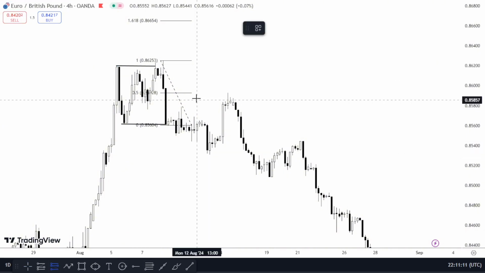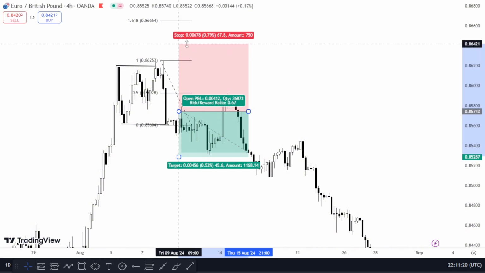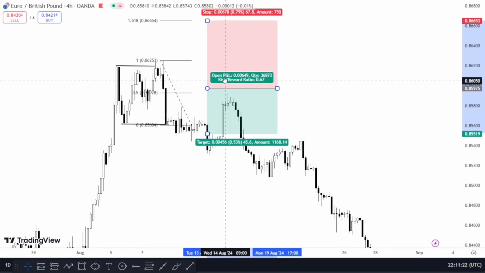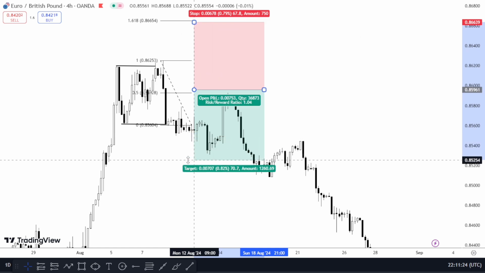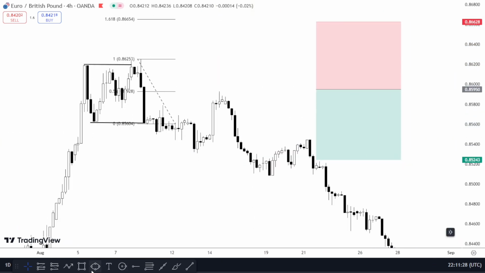You cannot take your sells right here. You cannot take your sells here. It will not make sense. Why? Because the stop loss will be too massive. And you cannot put it here. You cannot put it anyhow. So you mark out your PY. Your PY should be right here.